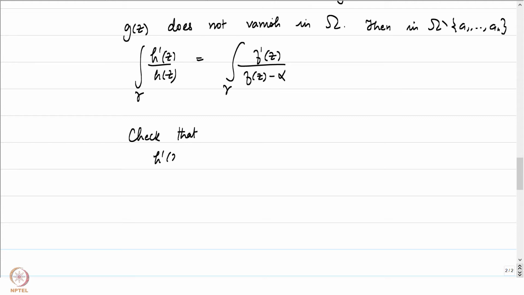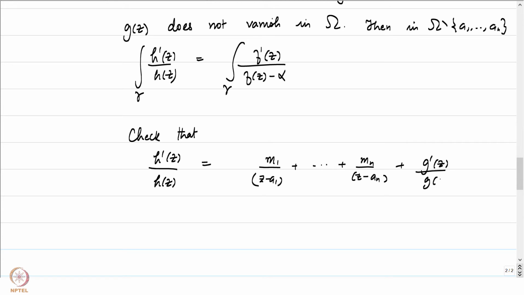h prime of z by h of z is going to be equal to m1 by z minus a1 plus m2 by z minus a2 plus ... mn by z minus an plus g prime of z by g of z.